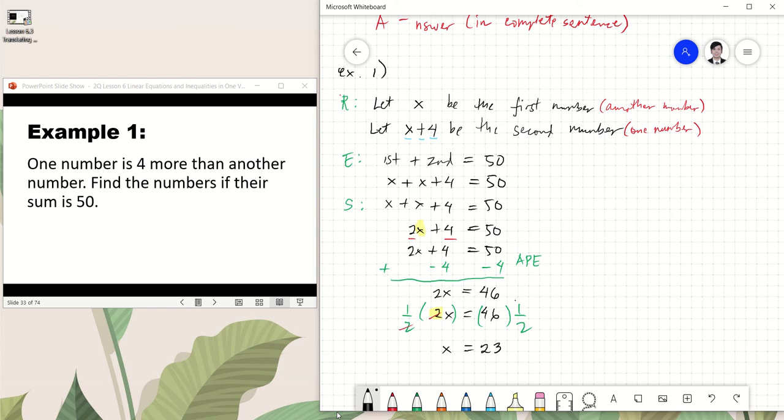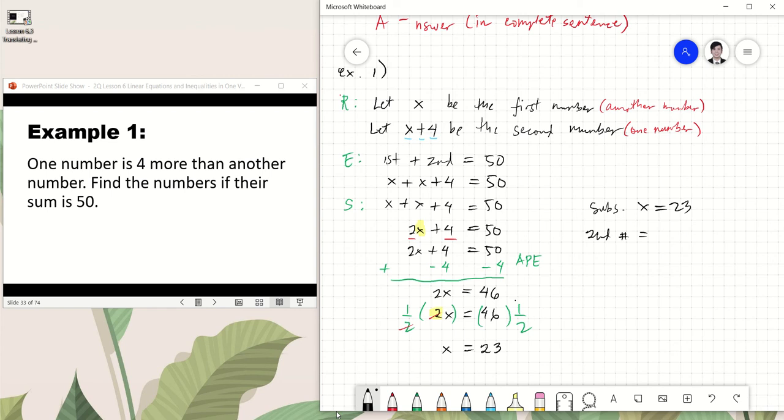Okay. So, ibig sabihin, kung ano man lang yung x natin sa problem na ito, 23 siya. So, you go back to your representation. That means that x here, the first number, which is the another number, is 23. Okay. So, hindi pa tayo tapos kasi hindi pa natin alam yung second number. So, yung gagawin natin is, we will just have to substitute x is equal to 23 to the representation of our second number.